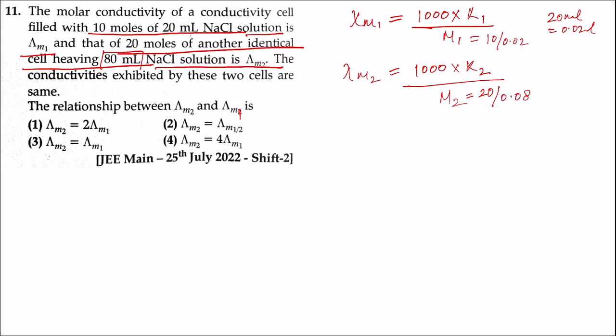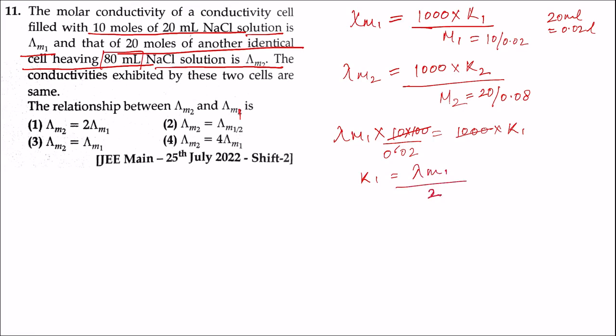Now rearranging this equation, molar conductivity into molarity of the first solution is equal to 1000 into conductivity. Now solving this, 1000 gets cancelled, so conductivity is equal to molar conductivity divided by 2.